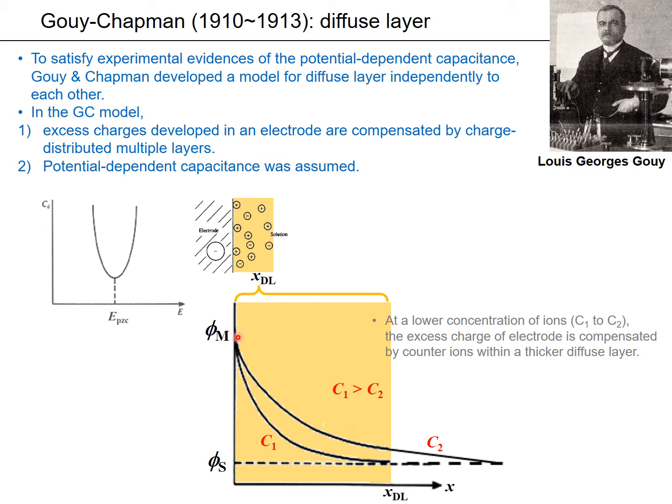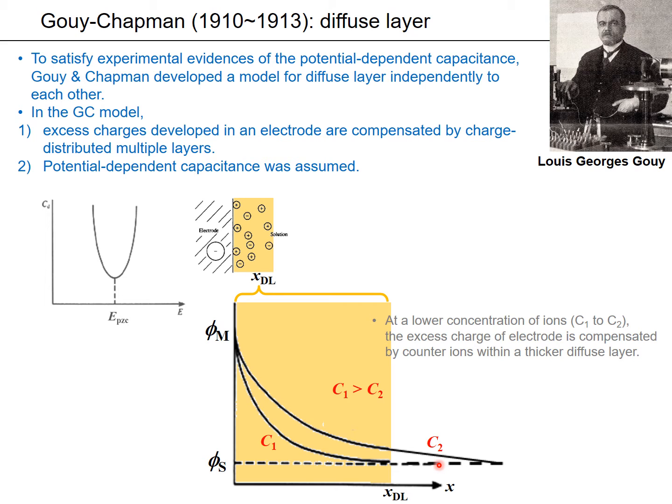Then this negative potential is compensated by cations in the electrolyte through the multiple layers, so the potential goes in the direction of positive values, then levels off. Finally, at the end of the diffuse layer thickness, we reach the potential of the solution or electrolyte.